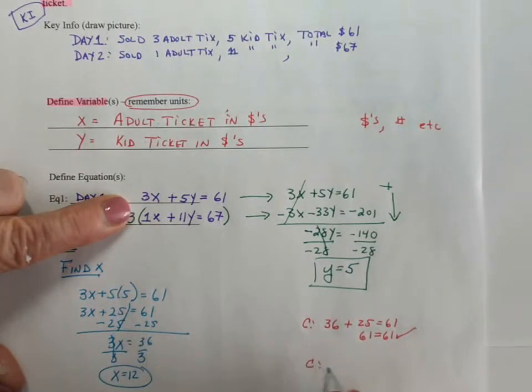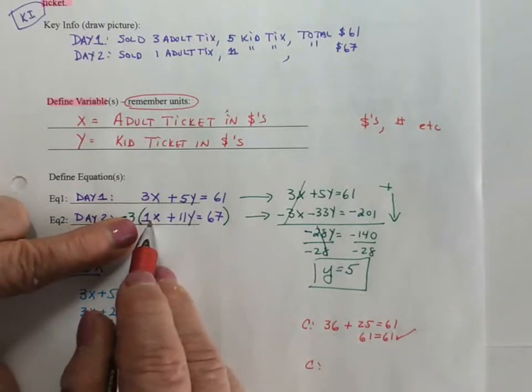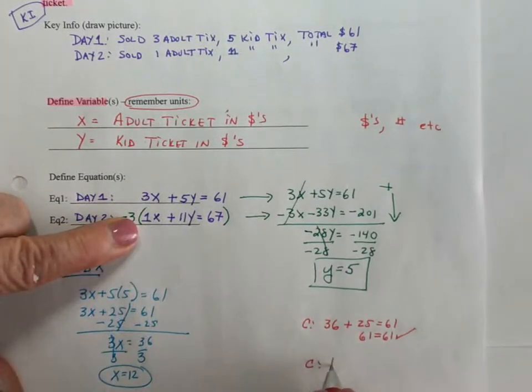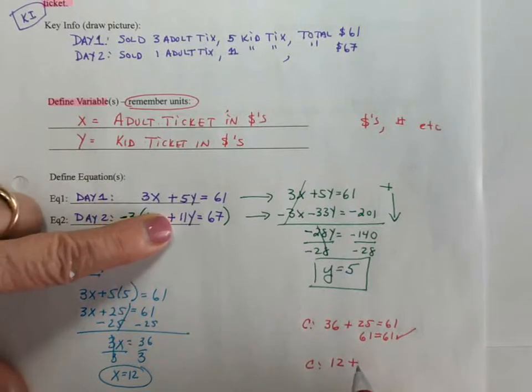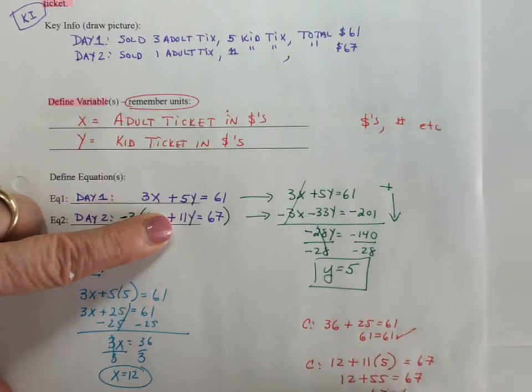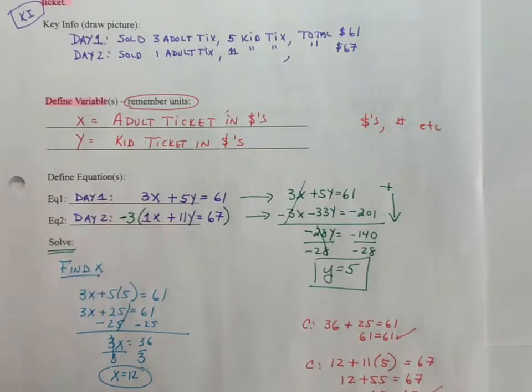Check the other equation. Okay, x, 12, plus 11 times y, which is 5, is 67. 12 plus 55 is 67. 67 equals 67. Cha-ching, it checks.